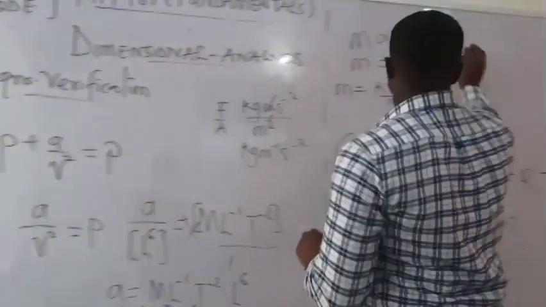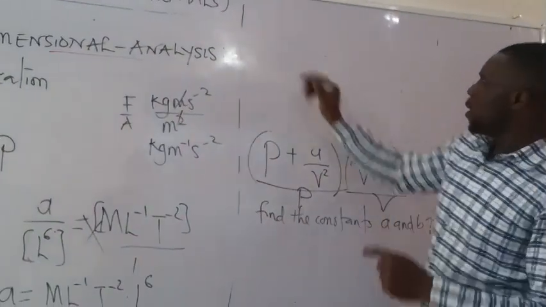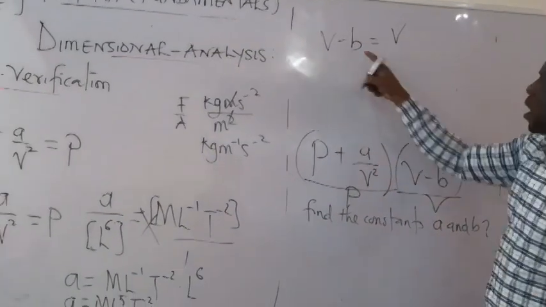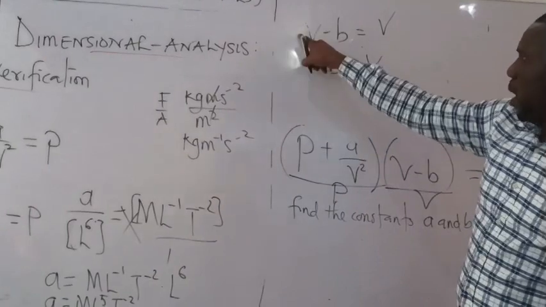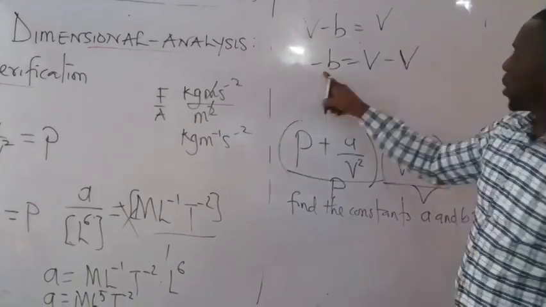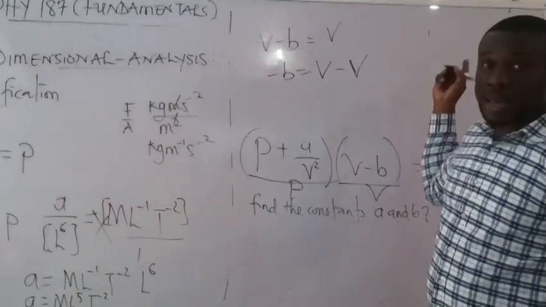This is what a represents, that is its dimension. And of course, to find b, V minus b, b is volume. I could transpose this, so I have minus b is equal to minus V. But of course, I need to eradicate the minus sign here, so I could multiply through by negative 1.